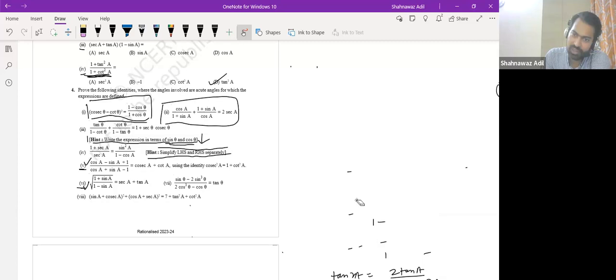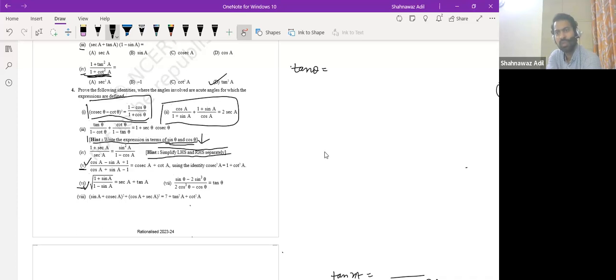What are the things that we know already? We know that tan theta is what? Sine by cos. And we know the three identities. So the first one is what? Sine square theta plus cos square theta is equal to 1.